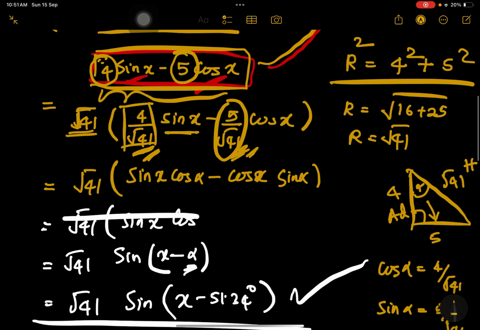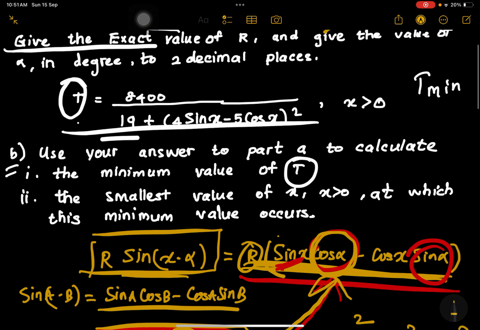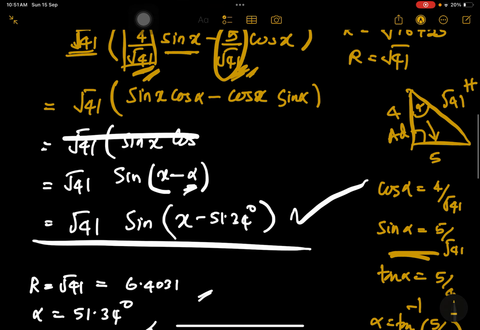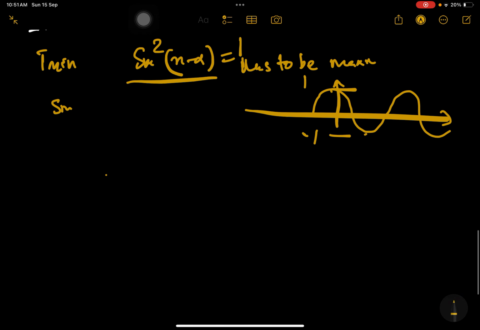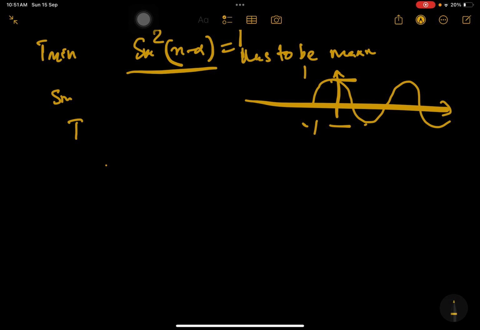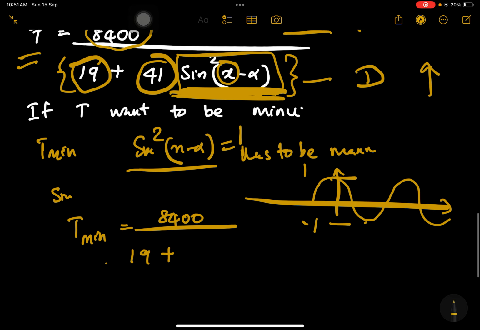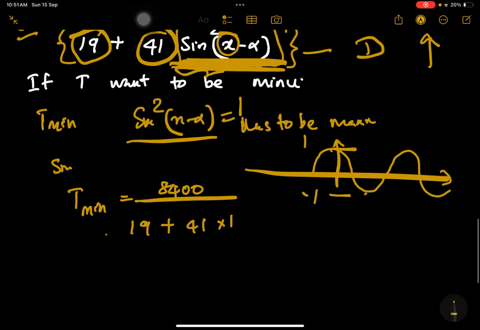So what they are asking is the minimum value of t. Let's substitute. T minimum is 8400 divided by 19 plus 41 into 1, because this sine squared term is going to be 1.